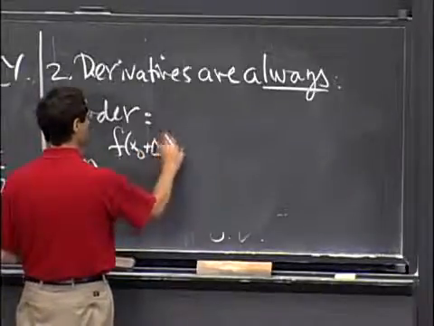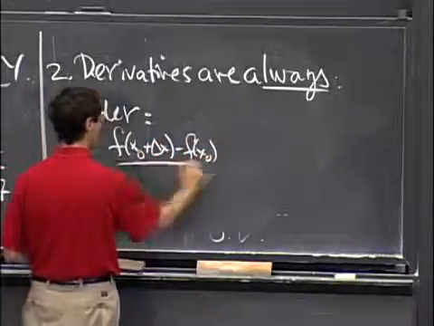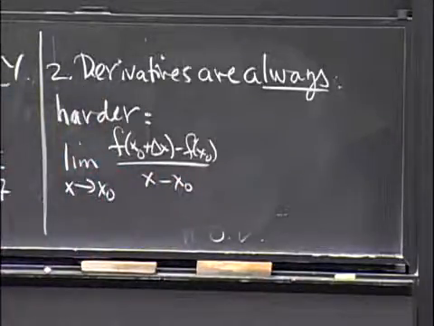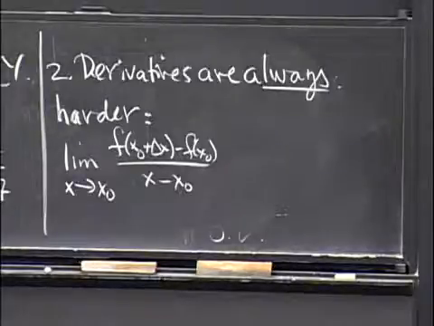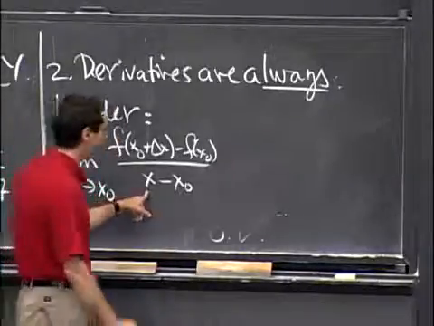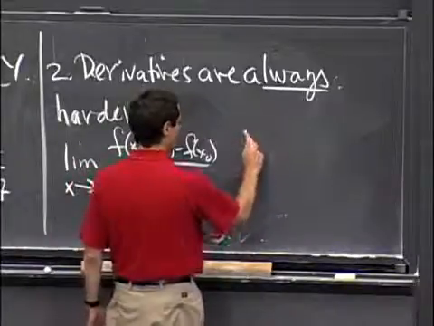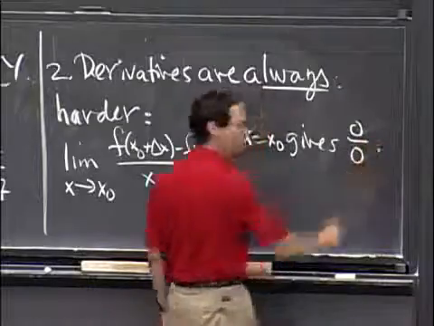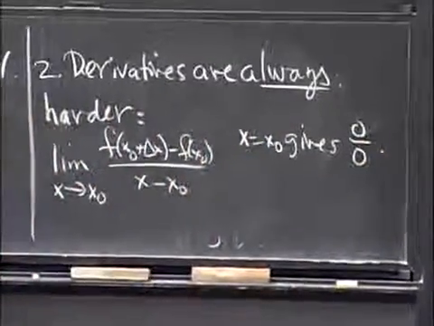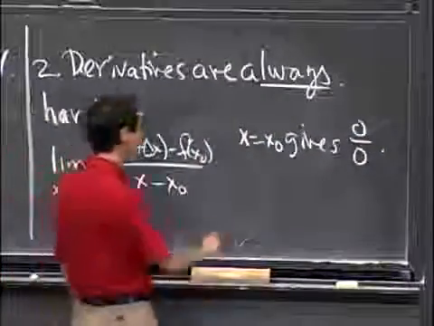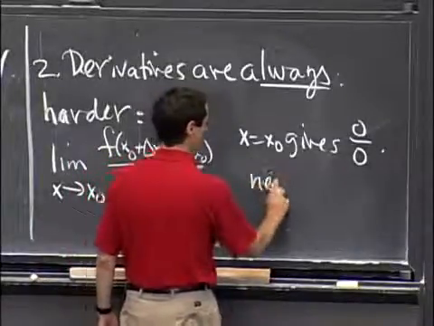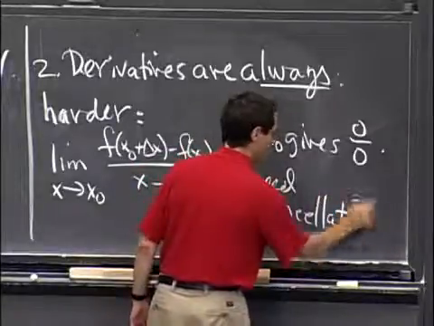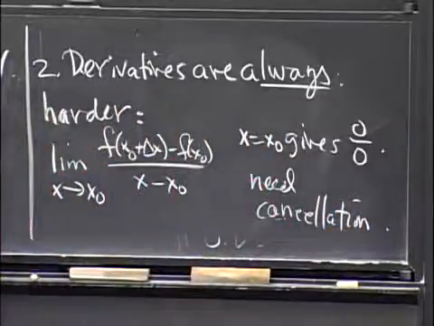We'll write it all out in all its glory. Here's the formula for a derivative. Now, notice that if you plug in x equals x0, it always gives 0 over 0. So it just basically never works. So we are always going to need some cancellation to make sense out of the limit.